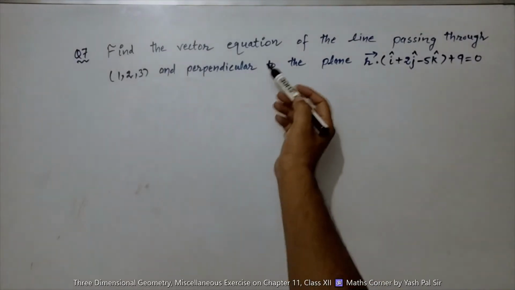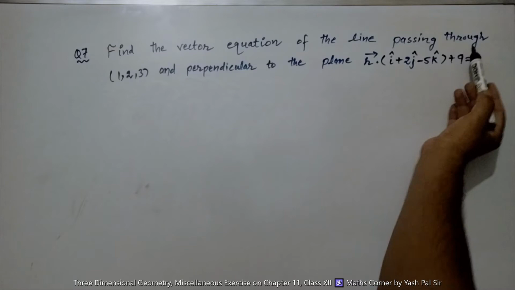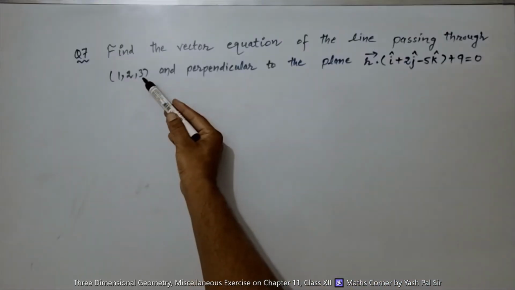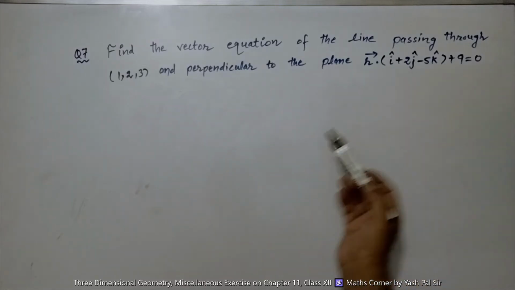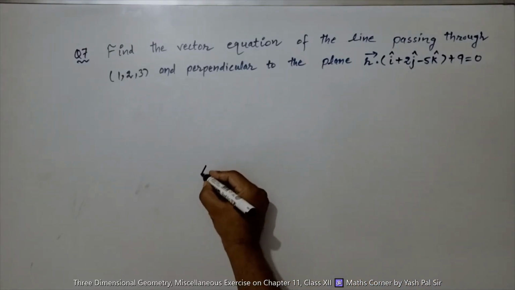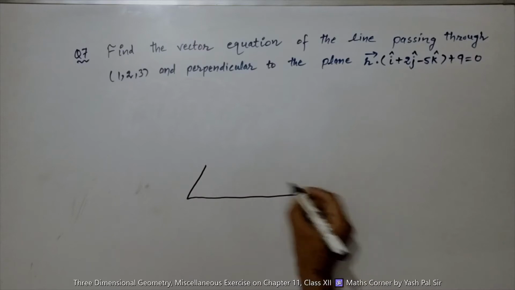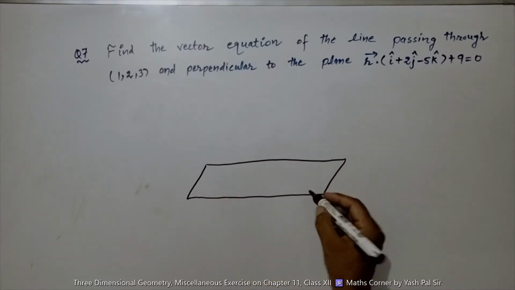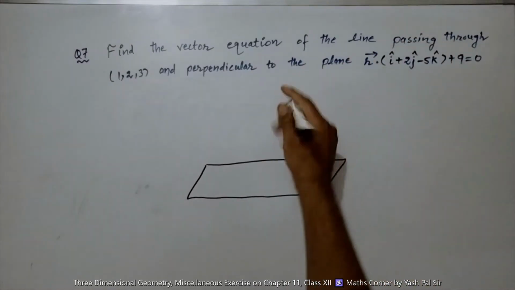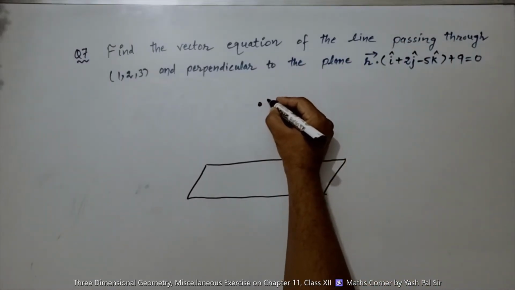Question number 7. Find the vector equation of the line passing through the point (1, 2, 3) and perpendicular to this plane. So here we have the given plane, right? And the line passes through the point.